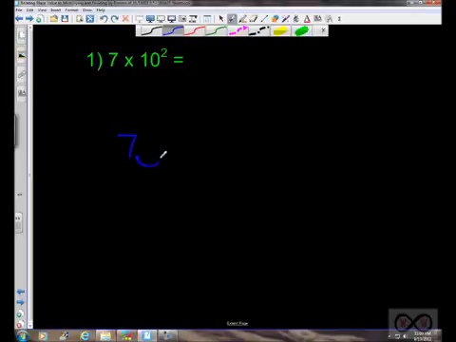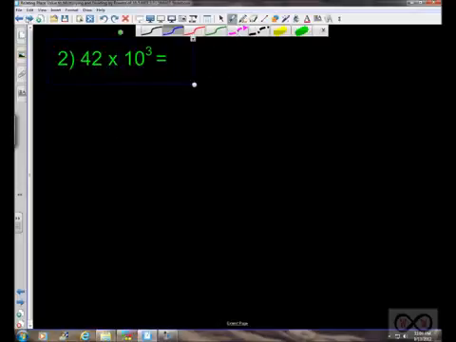It appears to move to the right 2 places. And you would have to fill in those placeholder zeros, and you would be getting an answer of 700. And there it is. Quick and easy. But really, it's good to understand why you can do that. Again, it's because the place value system is based on powers of 10. It's a base 10 system. So let's try the next one.